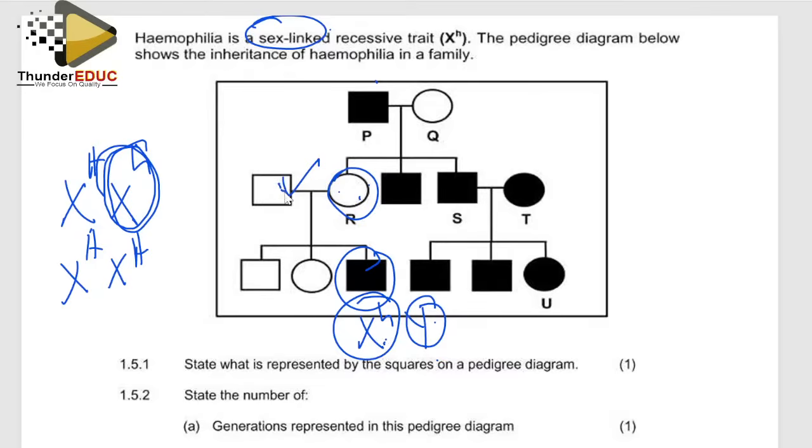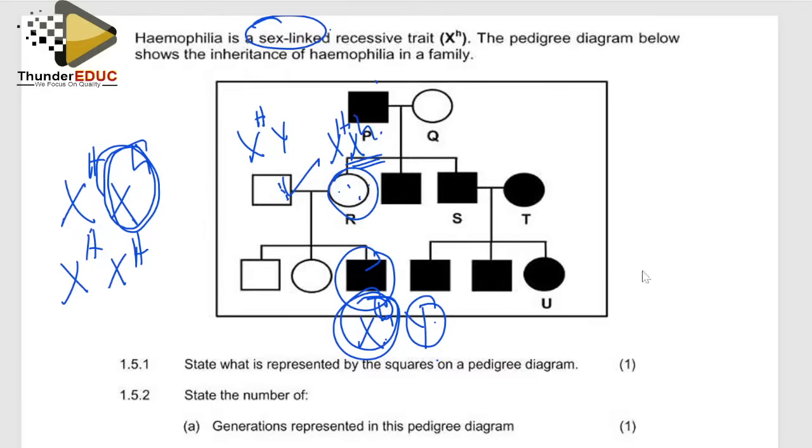this is X, capital H, Y. While this one is X, because this came from the mother, it's going to be X, capital H. This came from the mother, small h.